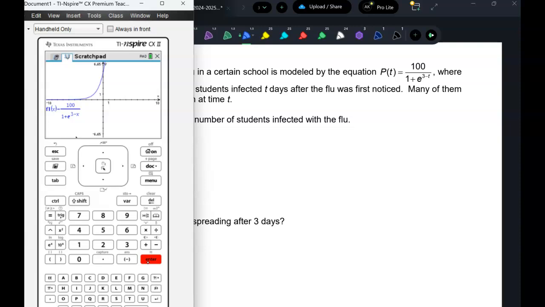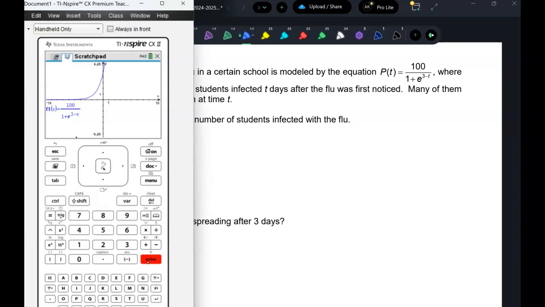All right. So this is something we don't spend a lot of time on in this class, but if you take Calc 2 or Calc BC, we do. This is not just an exponential function, because exponential functions are great for a short period of time. If you think about population growth, or in this case a flu virus, there's something called a logistic function, logistic growth. With logistic growth there's a leveling off period.